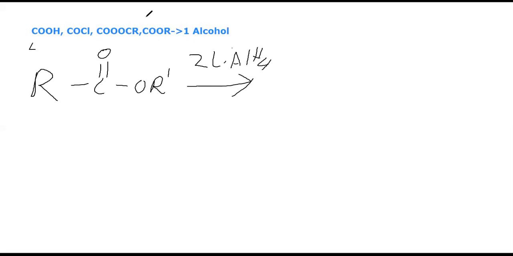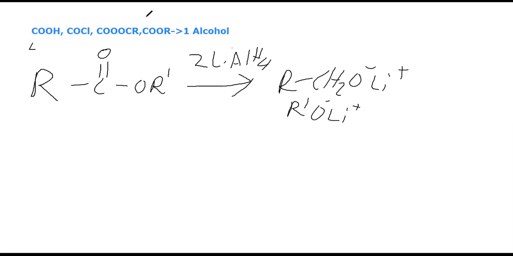The first one's going to be producing RCH2O minus lithium plus, and then the R prime O lithium plus. And then in the presence of acid or water, basically a stronger acid than we got, we're going to form our 2 alcohols.